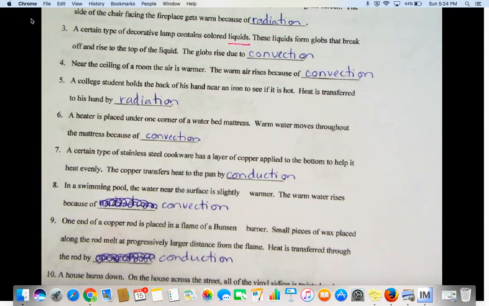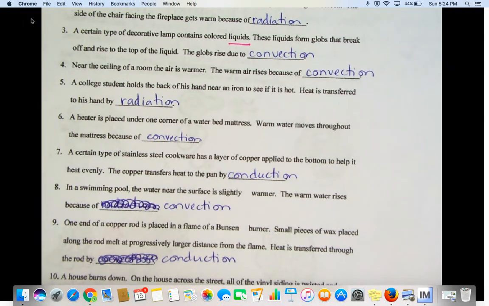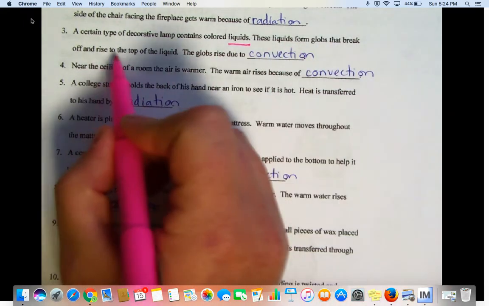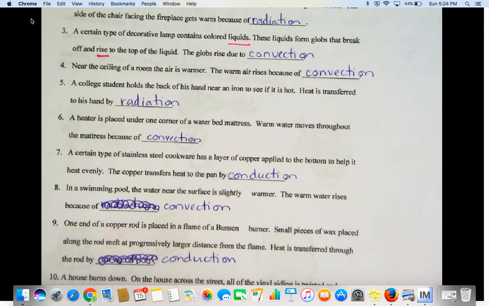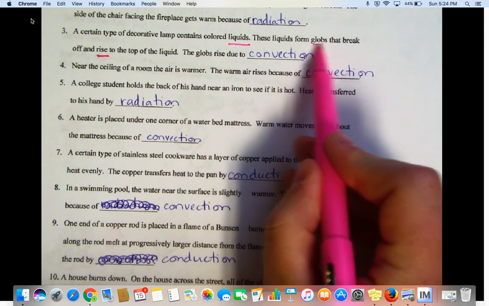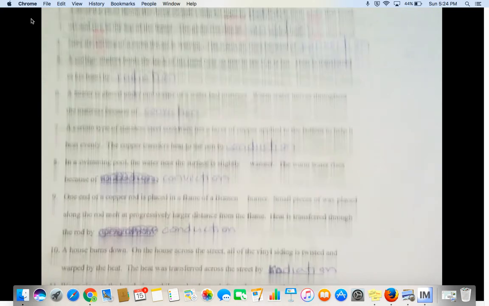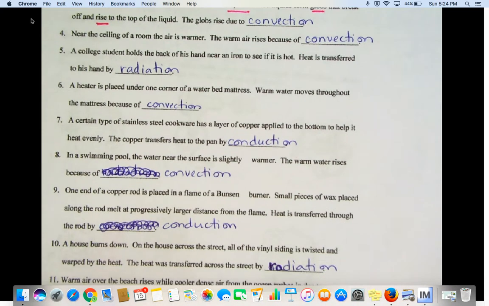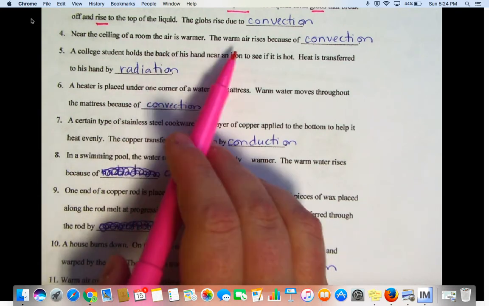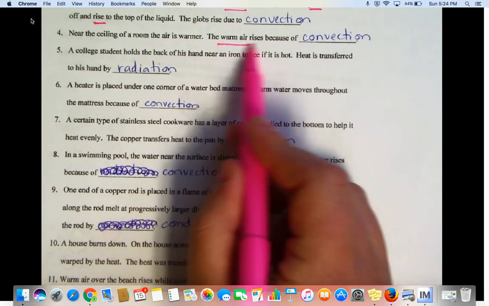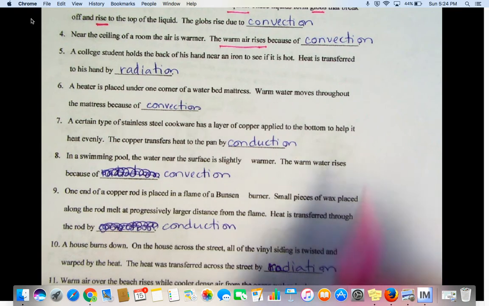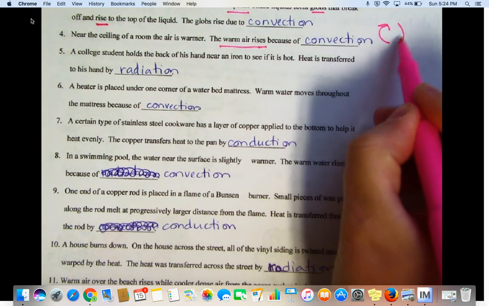That's almost like my definition of convection because I've got something doing what? Rising. I bet you could tell me if the globs were hot or cold based on our convection definition. Right? So that's convection. Near the ceiling of a room, the air is warmer. The warm air rises, bam, because of, straight definition again, convection.